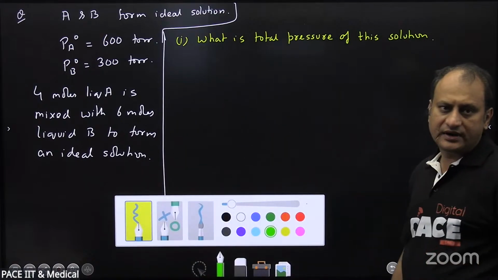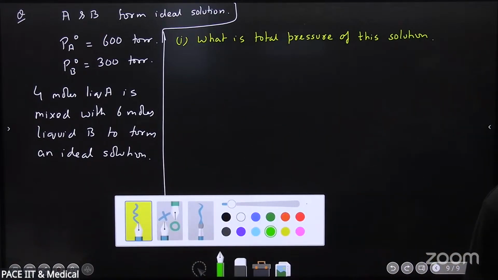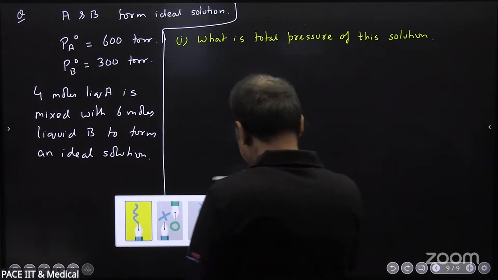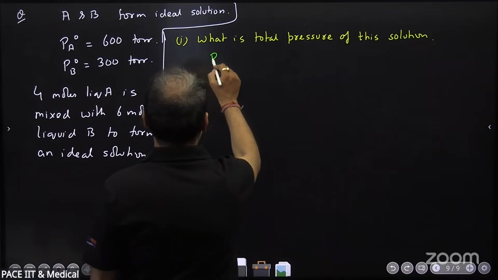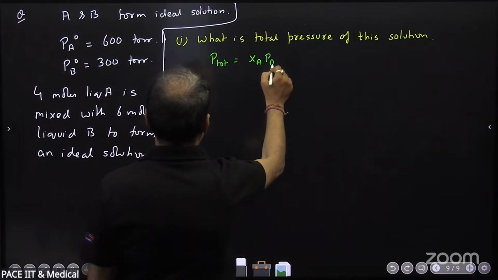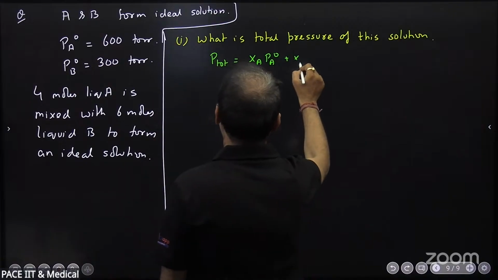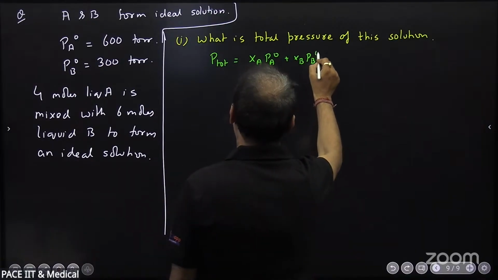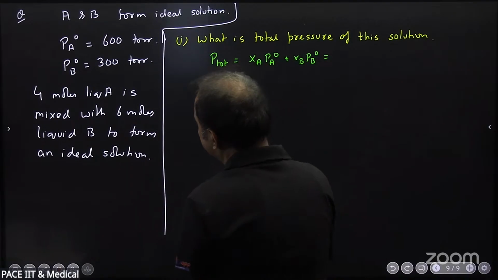How will we calculate this? We will directly apply the P total expression, which is P total is XA PA naught plus XB PB naught.